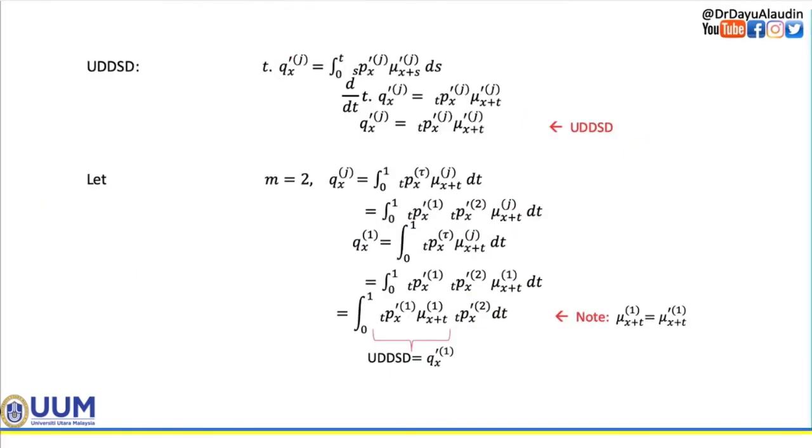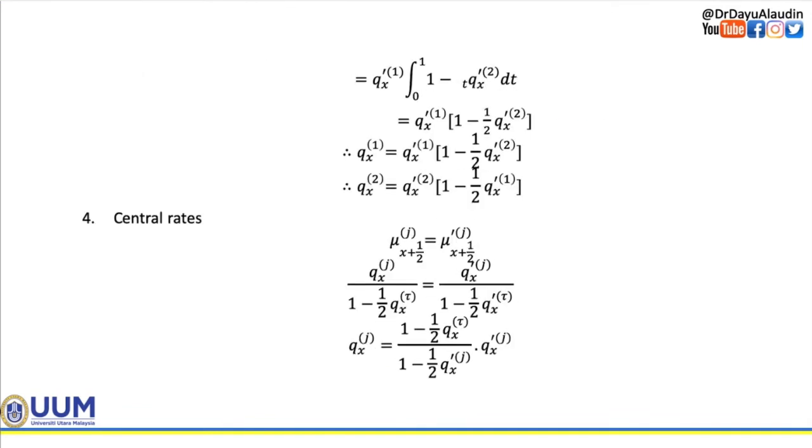And finally, we get qx cause 1 is equal to qx cause 1 prime times 1 minus half qx2 prime, and as well as qx2. So we just change the cause inside the bracket.